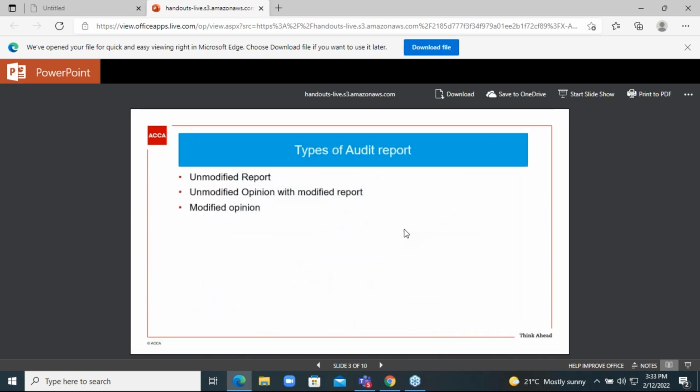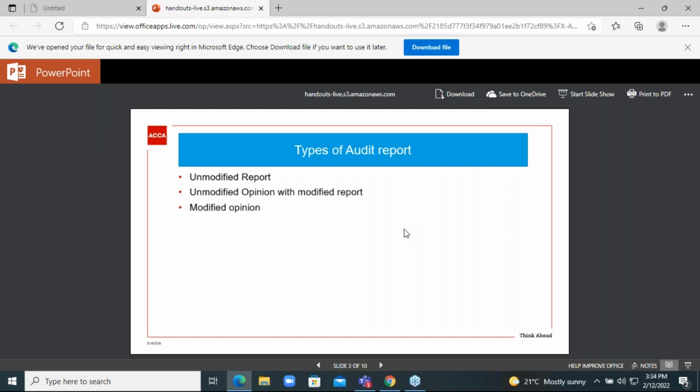So there are three types of audit reports. Until now, we have discussed how procedures are performed, and you would be aware of how ISA 580 and 540 and 450 and different ISAs are applied. Now, after performing different sets of procedures, we have confirmed that there are some material misstatements and we have asked management to adjust them.